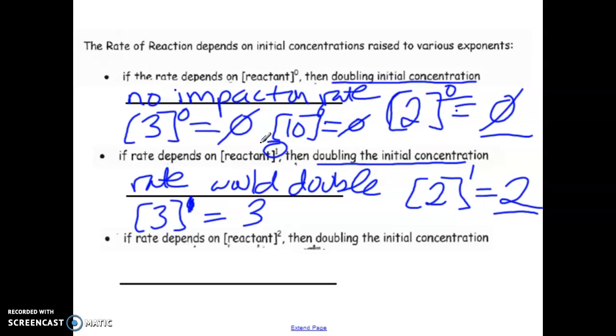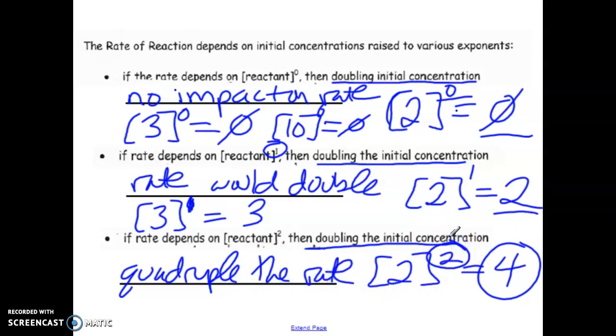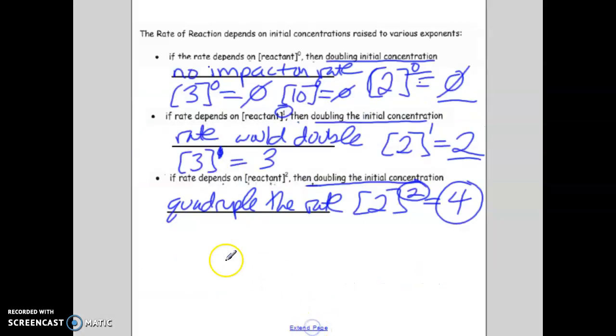If you have an exponent of 2, whatever you do to the reactant concentration, it's going to square that result. So if we were to double the concentration to the exponent 2, our rate would quadruple. Whatever change you make to the concentration is squared for the rate.